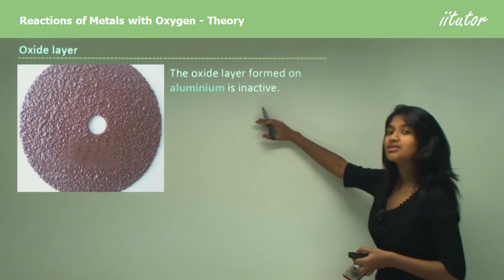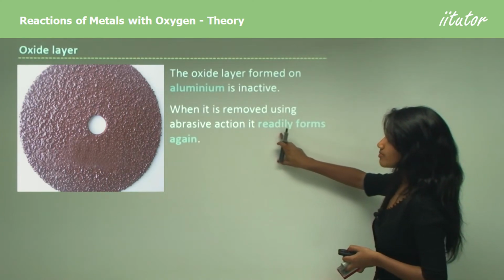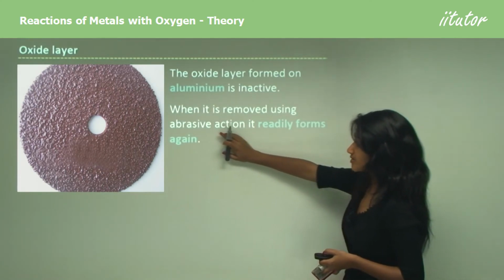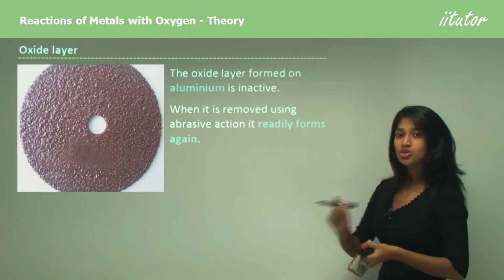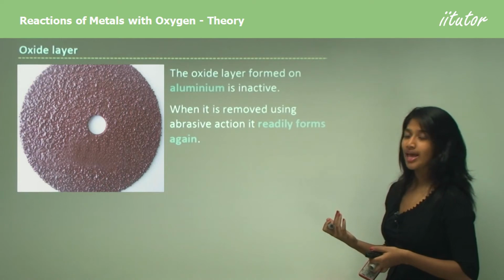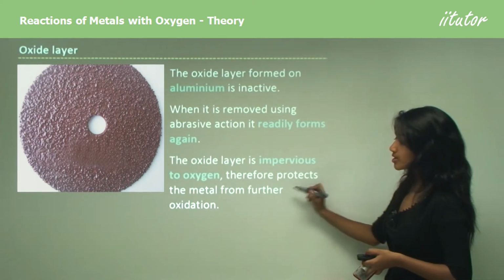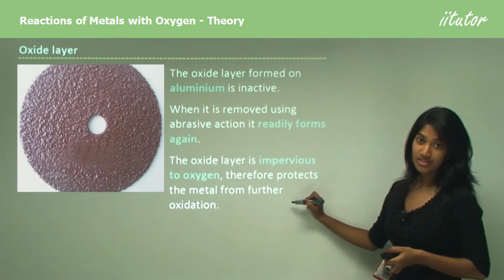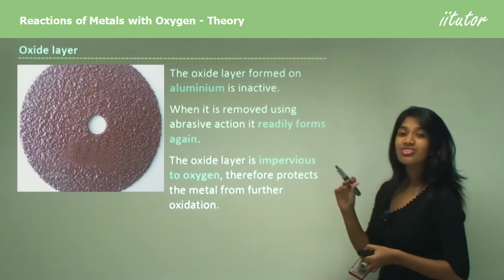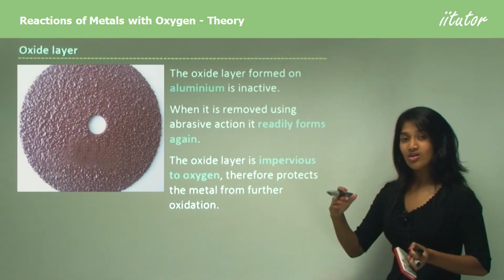So there's an oxide layer on aluminium, and when it is removed using abrasive action, it is readily formed again. The oxide layer is impervious to oxygen, therefore it protects the metal from further oxidization. In other words, this layer acts as a protective agent because it doesn't let any oxygen through.